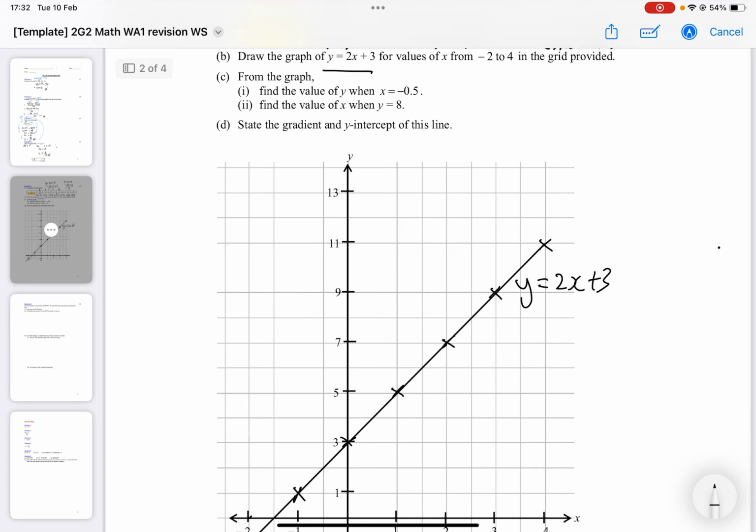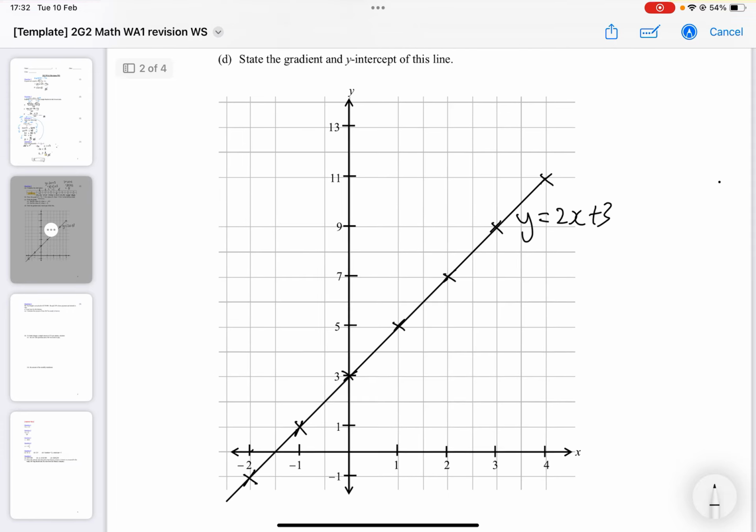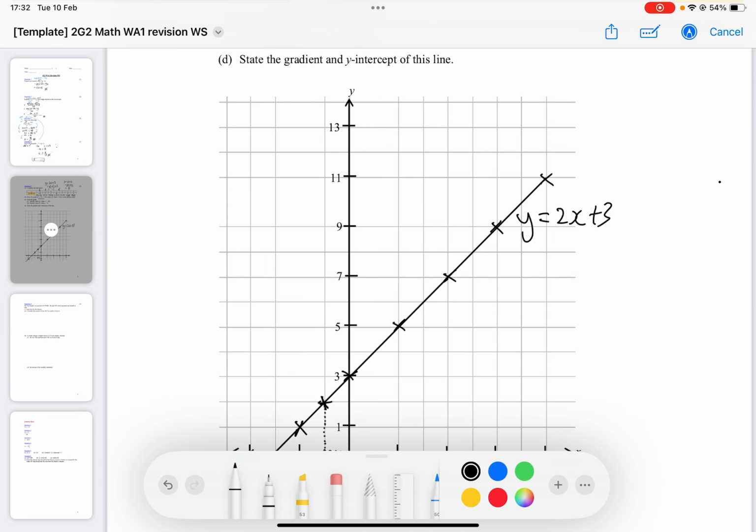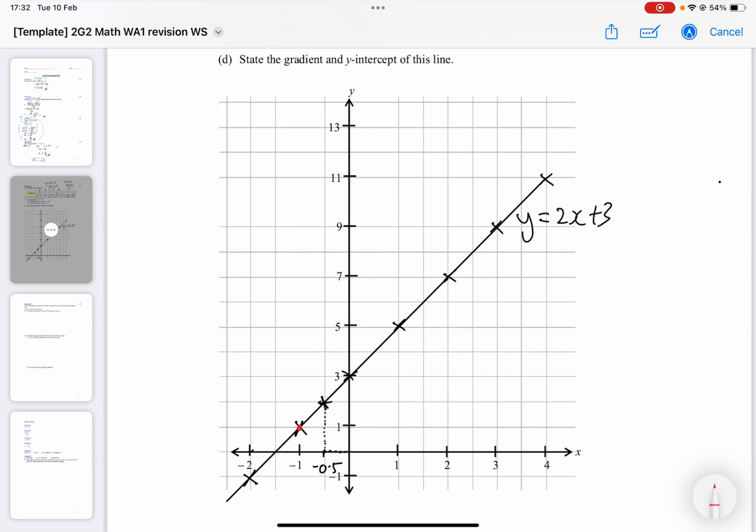From the graph, find the value of y when x equals negative 0.5. When x equals negative 0.5 means I move left. This point here is x equals negative 0.5. I want to find out on the graph what is this value. This red color point here is the point when my x is equal to negative 0.5.